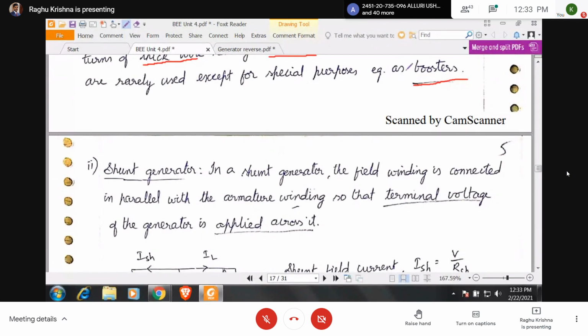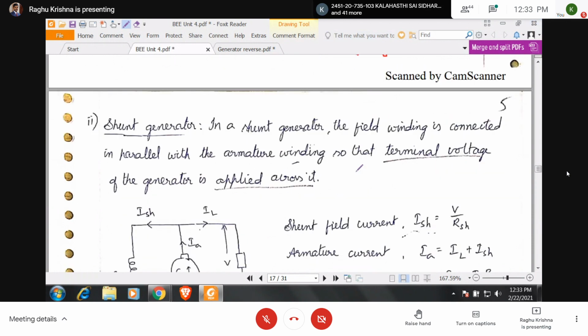Boosters means you can write down voltage boosters. So series generators are mainly used for voltage boosters.